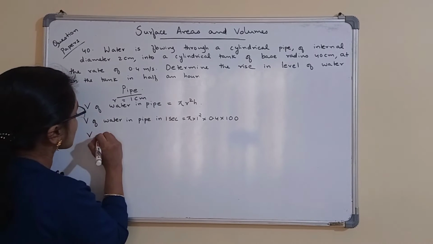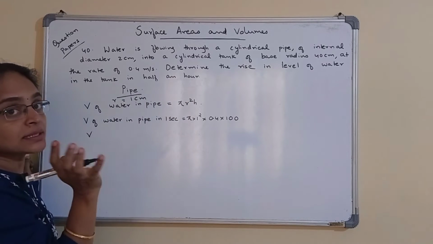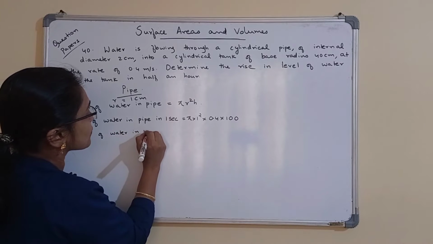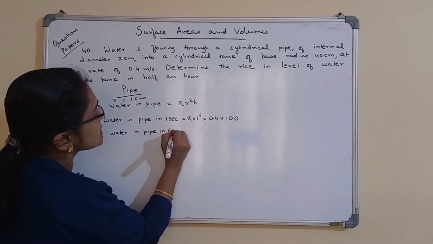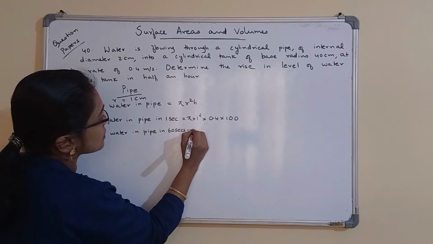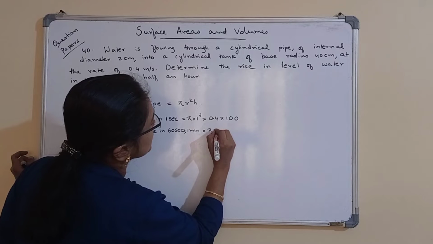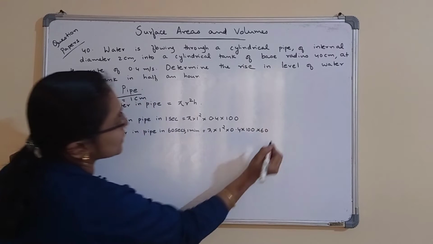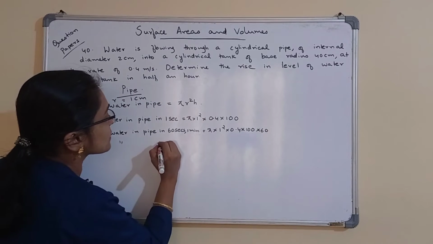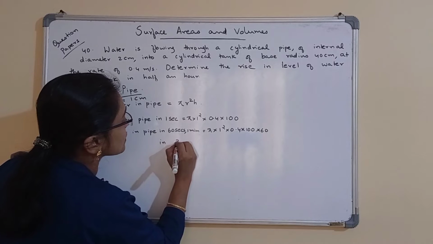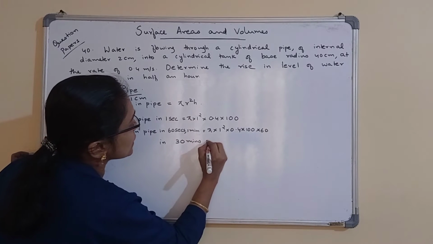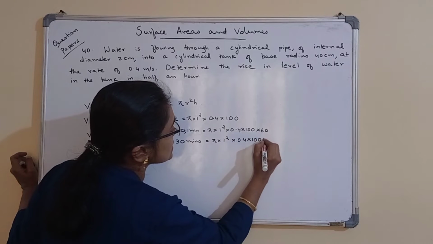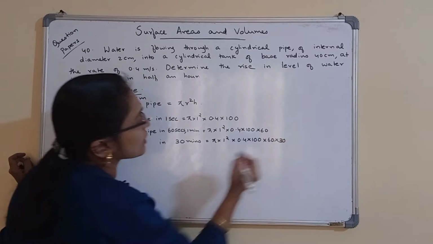And we have to find in half an hour, that is 30 minutes. So volume of water in pipe in 60 seconds, that is 1 minute, is equal to pi into 1 square into 0.4 into 100 into 60, right? Now volume of water in pipe in 30 minutes is equal to pi into 1 square into 0.4 into 100 into 60 into 30, right?